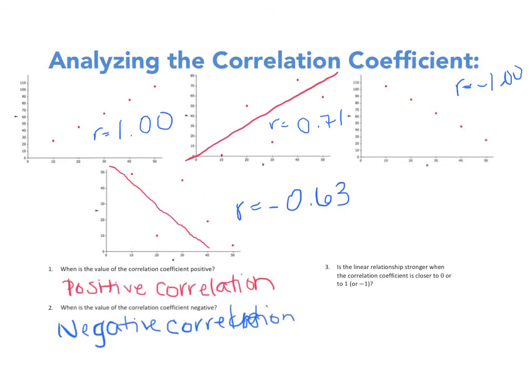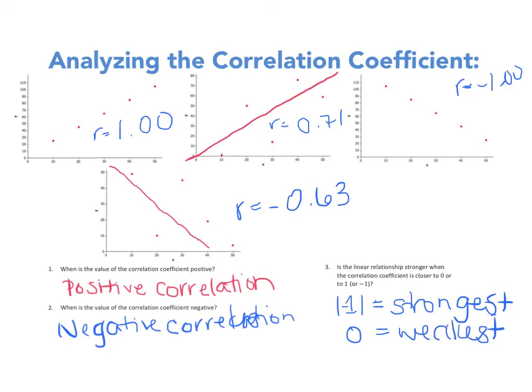So the absolute value of -1 or 1 is strongest, and then 0 is weakest. So make sure you get these scatter plots down, the notes down, and the correlation coefficients.